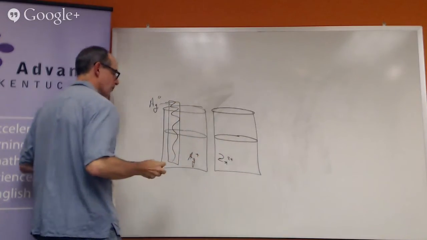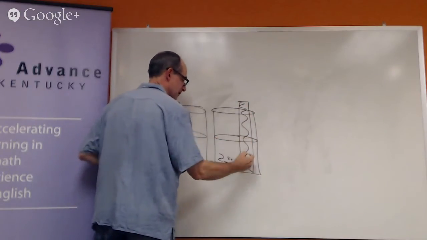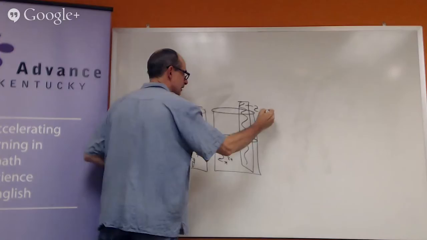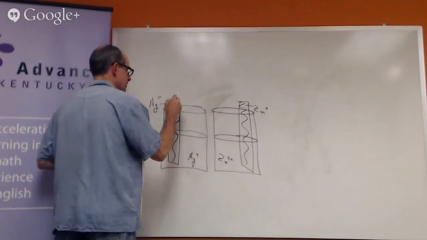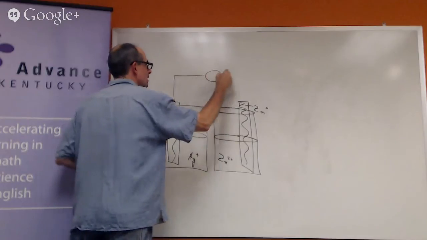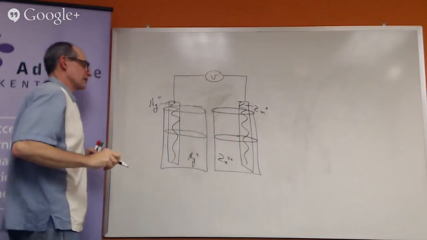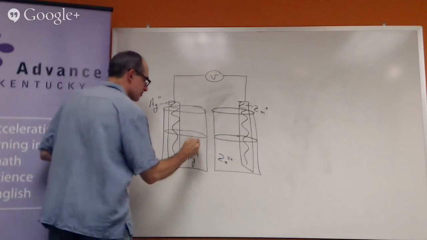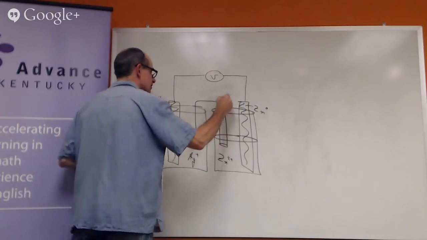And these are both 1 molar solutions. And you should know the charges on the ion, they were given to you, with a solid electrode of zinc metal. And we are going to now connect these 2 electrodes with a wire, and I'm going to put a voltmeter in there because we're going to need it later. And the solutions are connected with a salt bridge.